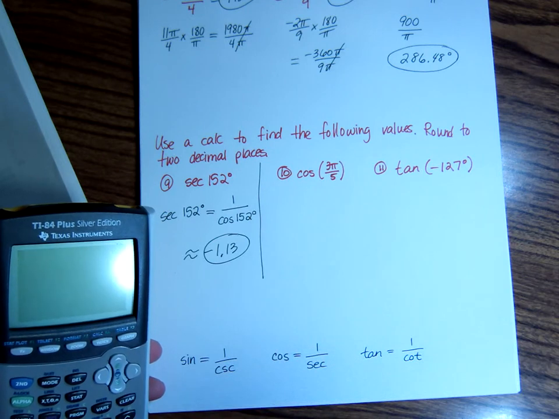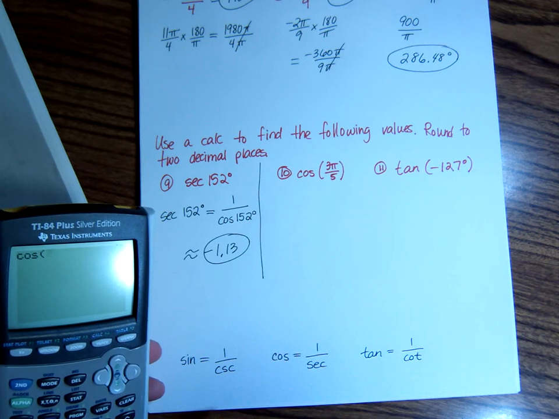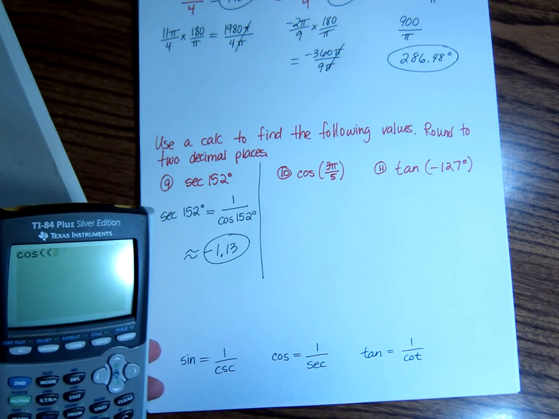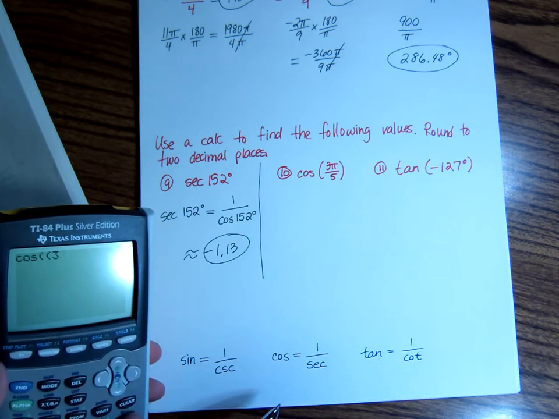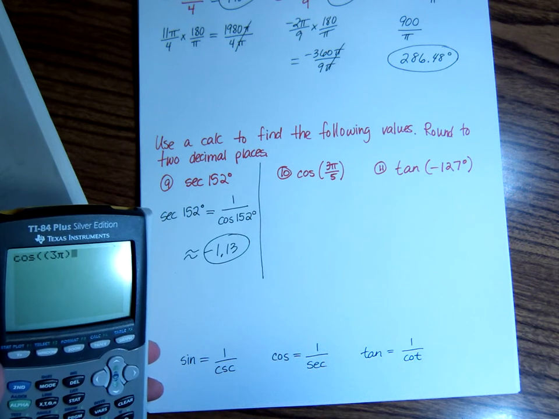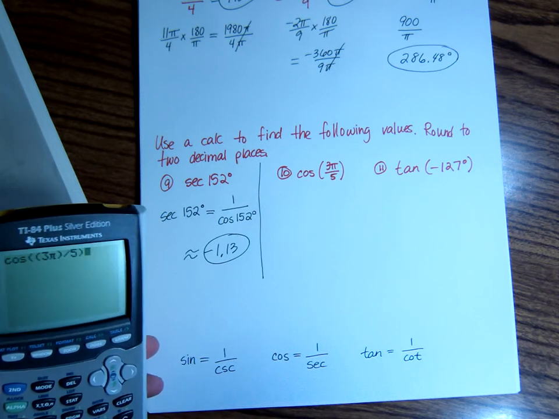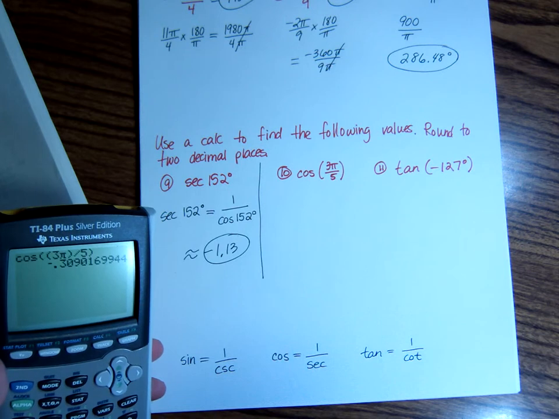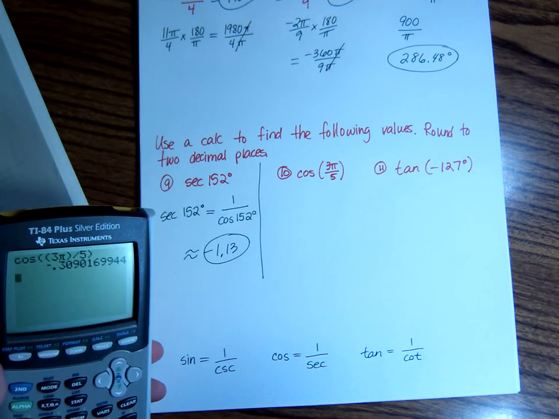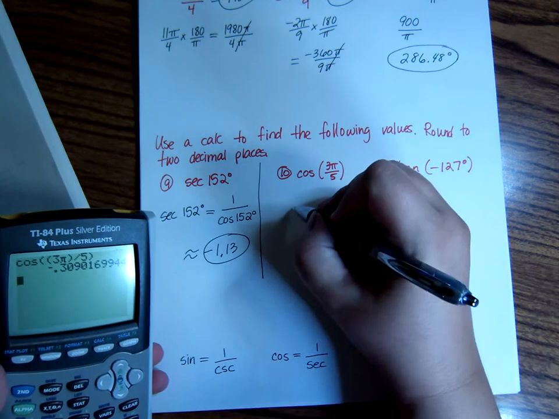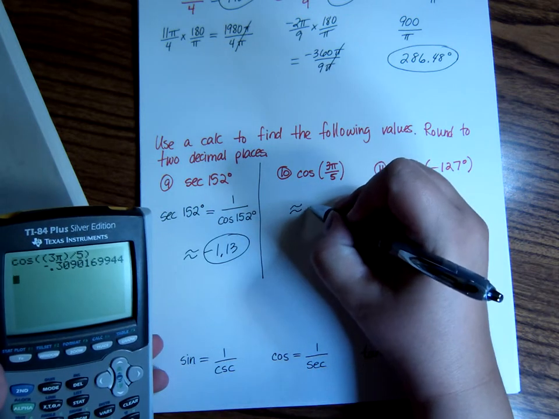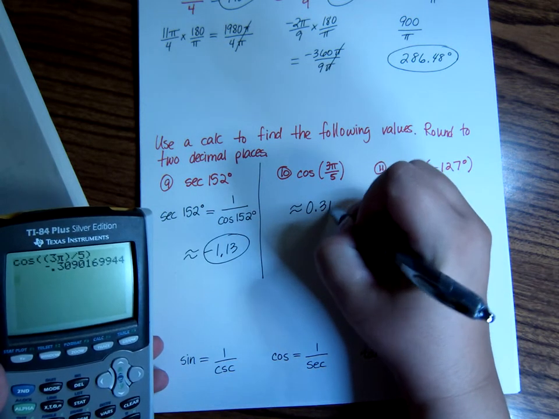Now I can do cosine of, and I tend to be extra paranoid about order of operations. So because I want to do 3 pi first before dividing by 5, I put 3 pi in parentheses, then divided by 5. And I get negative 0.309. So that's negative 0.31.